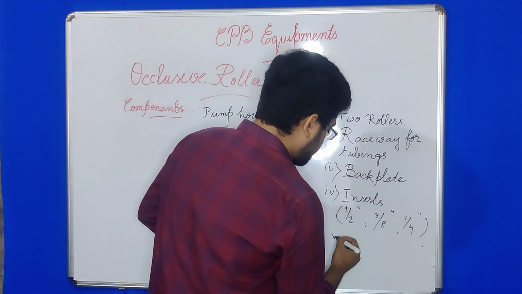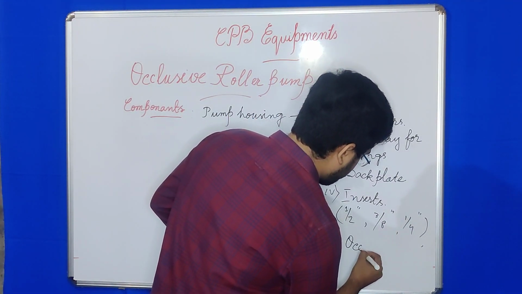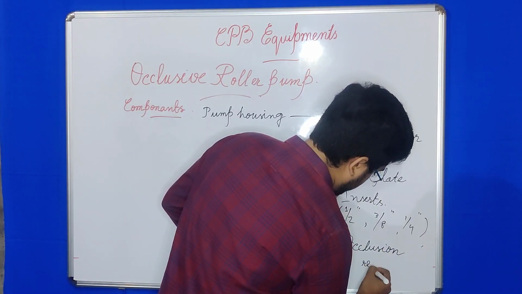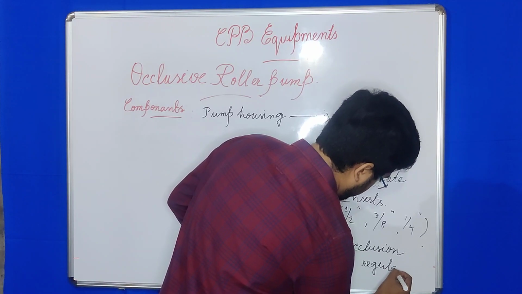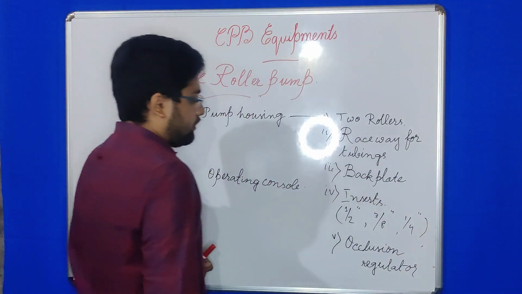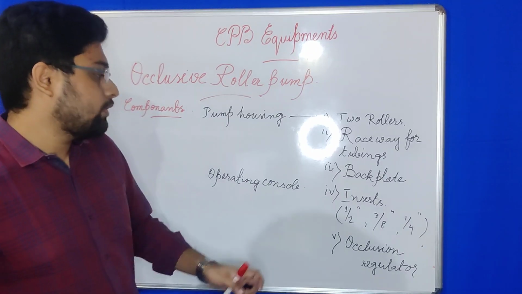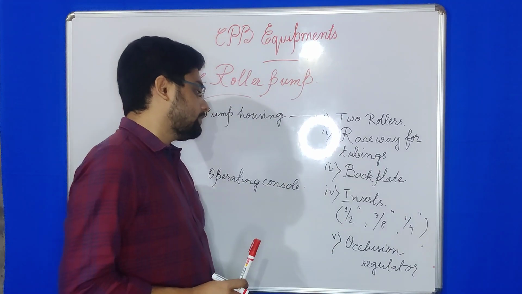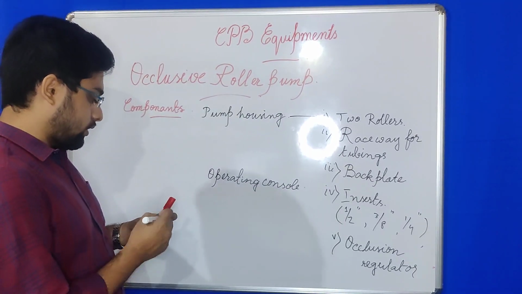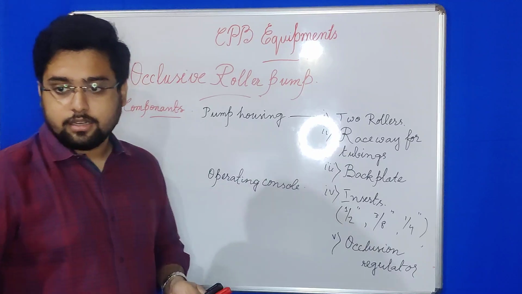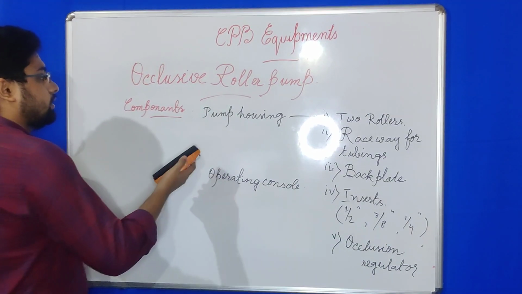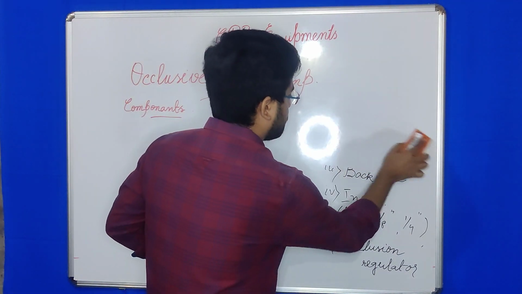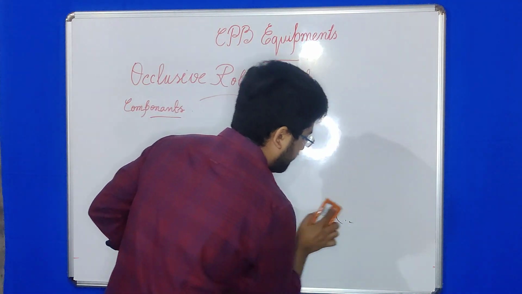And the last part is the occlusion regulator, or occlusion regulating knob. This helps in adjusting occlusion. Now what is occlusion? I will discuss it later. First, let me show you a diagram so that I can show you which part is which.